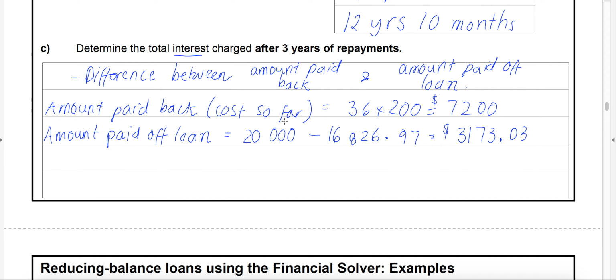So notice this is a bit trickier than interest questions so far. So he has paid back $7,200, but in terms of what he's paid off the loan, only $3,173.03. So his interest must be the difference between these. He has paid this back, but only paid off this amount off the loan.